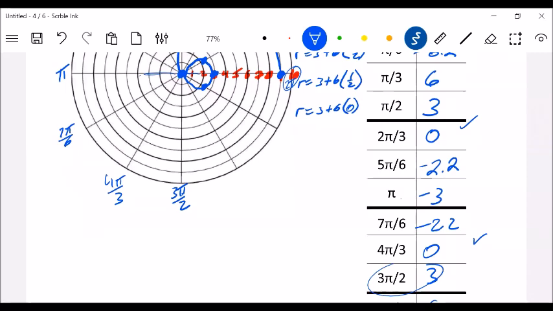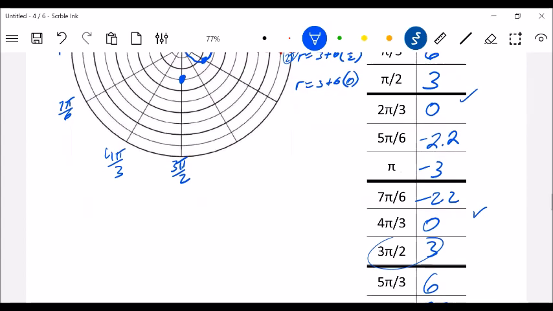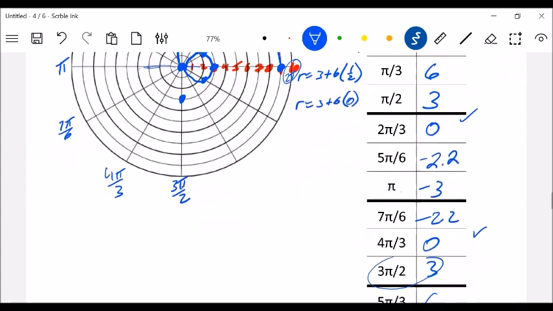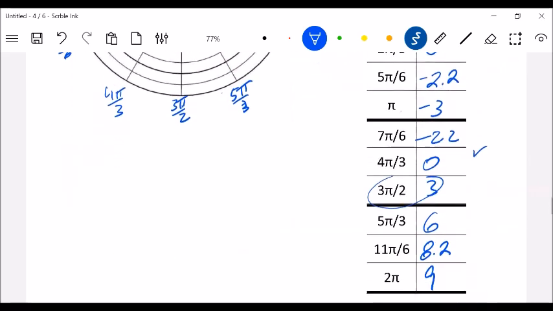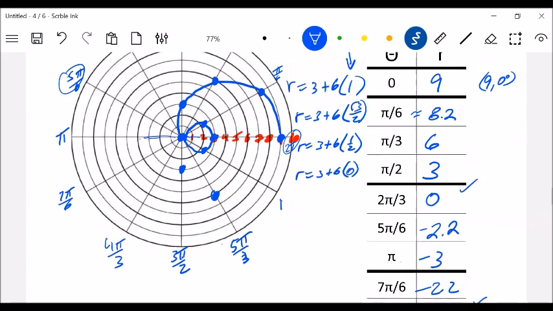So we go to 3 pi over 2 and we go 3 places here. Okay. And then at 5 pi over 3, we're going to 6. So this is 5 pi over 3, and we're coming up here to 6. And we have 8.2 and 9. 11 pi over 6 is 8.2.